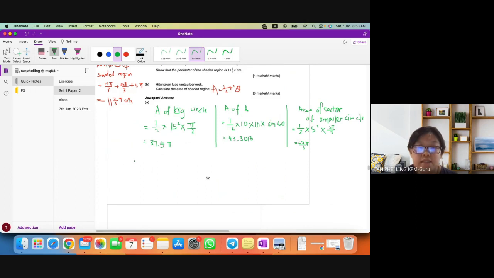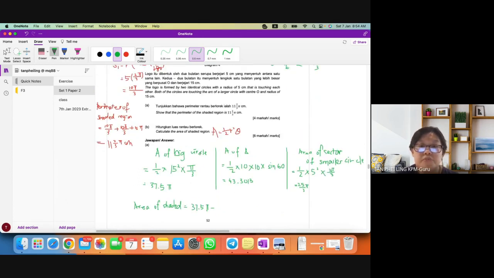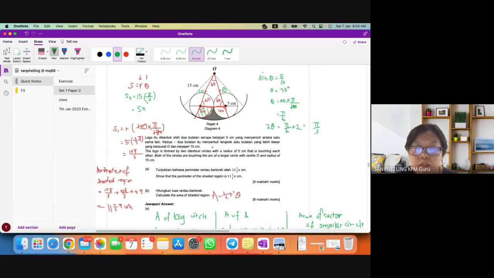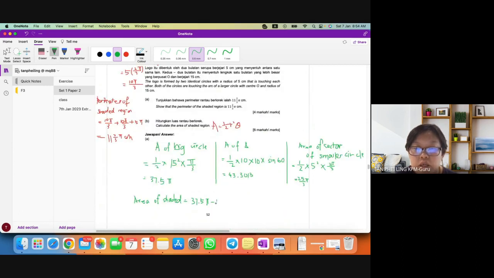So now let's answer the question, area of shaded region. So first thing, big circle, which is 37.5 pi. Then I need to take this big circle minus of the triangle. So triangle is here, 43.3013.